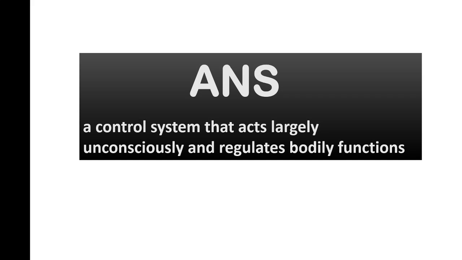So we all know ANS controls heart, lungs, GIT, various glands, blood vessels, and that control is unconscious. So ANS is a control system that acts largely unconsciously and regulates bodily functions.